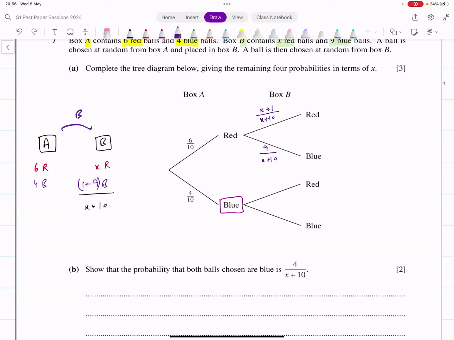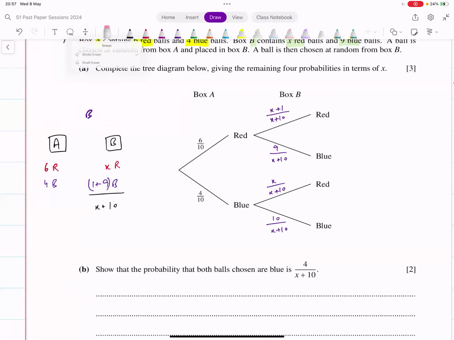So now the probability of selecting a red ball would be X over X plus 10, and the probability of selecting a blue ball would be 10 over X plus 10. That is what your tree diagram looks like in the first part. This is what you get.